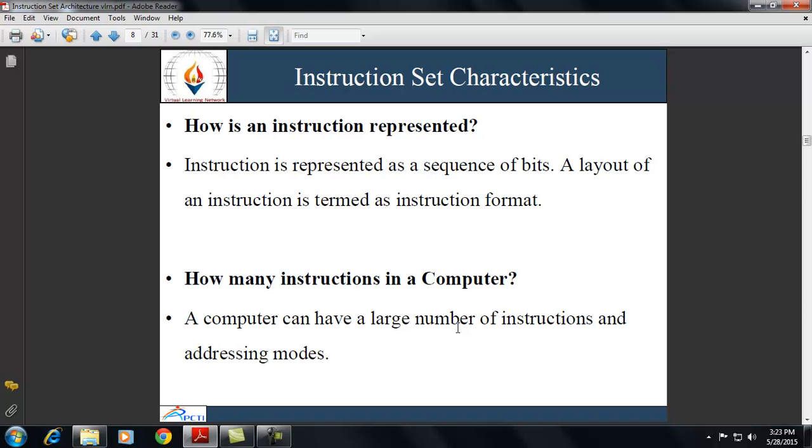It is primarily machine dependent, and the CPU instruction set can use many instruction formats at a time. Now, how many instructions are in a computer? A computer can have a large number of instructions and addressing modes. The older computers, with the growth of integrated circuit technology, have very large and complex instruction sets that are also called CISC. We will discuss CISC and RISC in the next sessions.